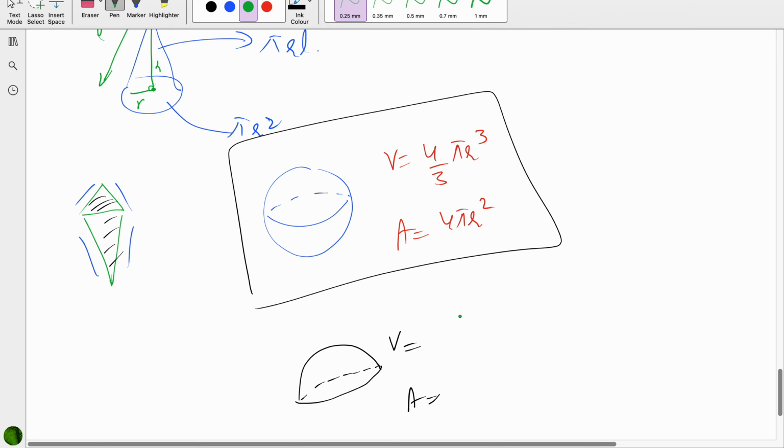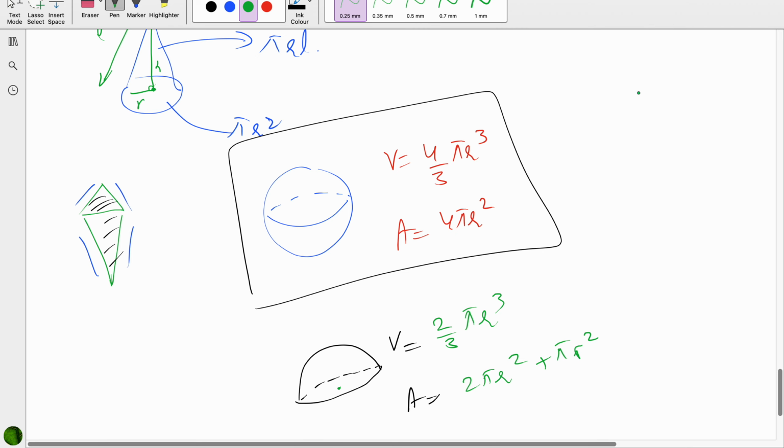Anyone? 2 by 3 pi r cube, that's right. And area? 2 pi r square. Anyone disagrees? Shabash. Plus pi r square.